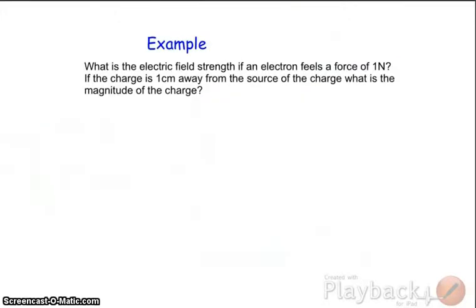That equation is not in your reference table, but it is useful, and you can get there quite easily.